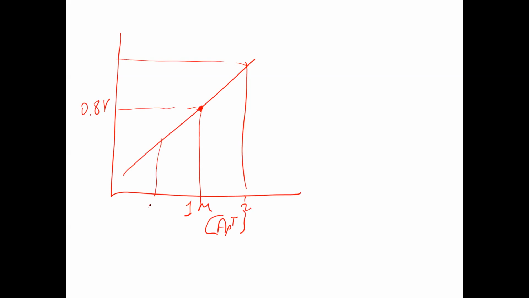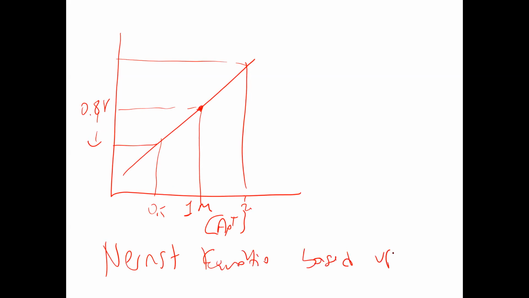If it drops to 0.5, the reduction potential of silver drops to here. And we can calculate this using the Nernst equation based upon concentrations. Using the Nernst equation, we can calculate E values.